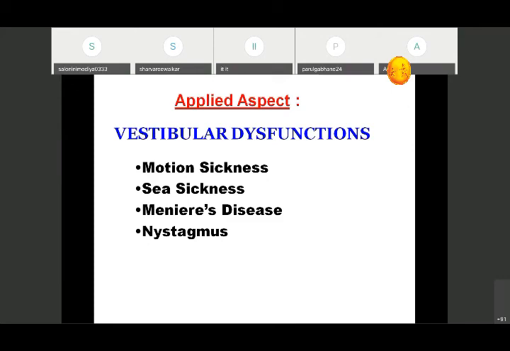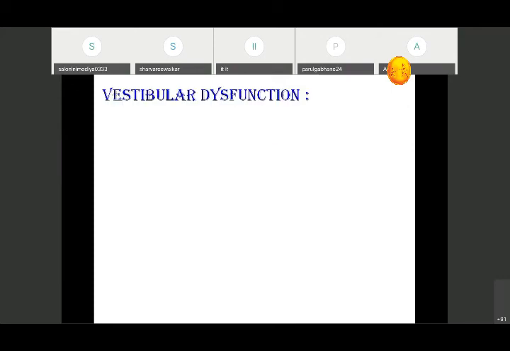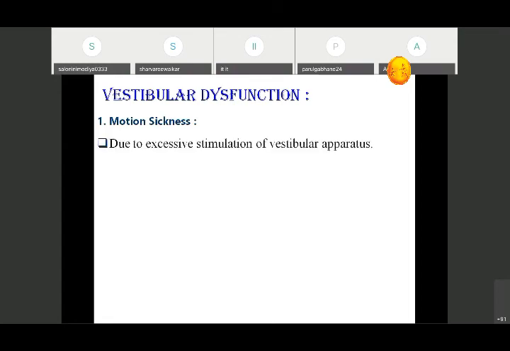What is motion sickness? We all have the common complaint whenever we are traveling in a vehicle. Few people may have vertigo, nausea, vomiting. It is mainly due to stimulation of the vestibular apparatus. So, motion sickness is usually seen due to excessive stimulation of the vestibular apparatus.